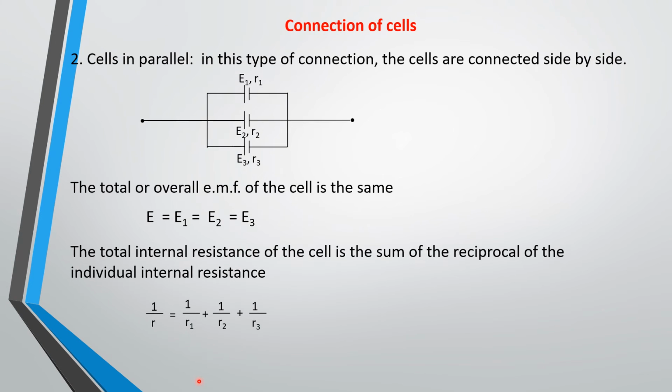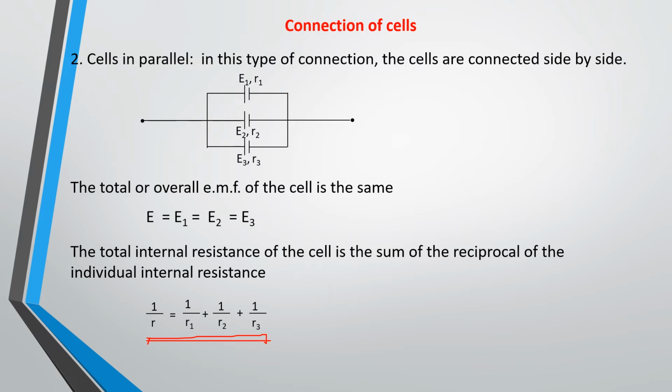Then for cells that are in parallel, the same thing we did for resistors in parallel. For cells in parallel, the reciprocal of their total internal resistance equals the sum of the reciprocals of each of the internal resistances of the cells. Then for cells that are in parallel, their EMF is the same.